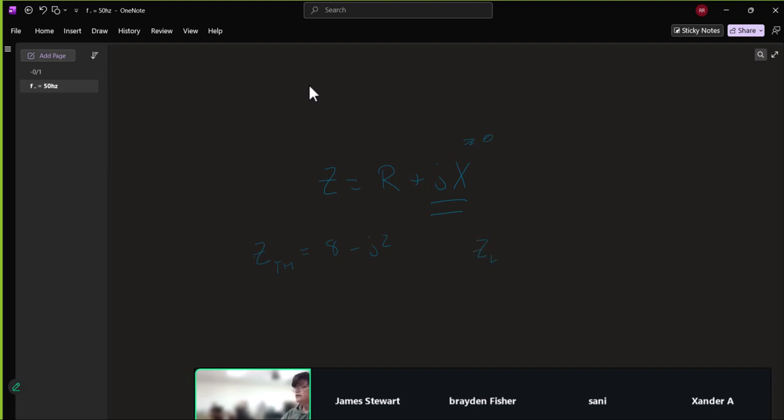If we make Z load equal to 8 plus j2, then our Z total is 8 plus j2 plus 8 minus j2, or 16, which is entirely real. So when you make it the conjugate, the imaginary parts add up to zero, if they're all in series.